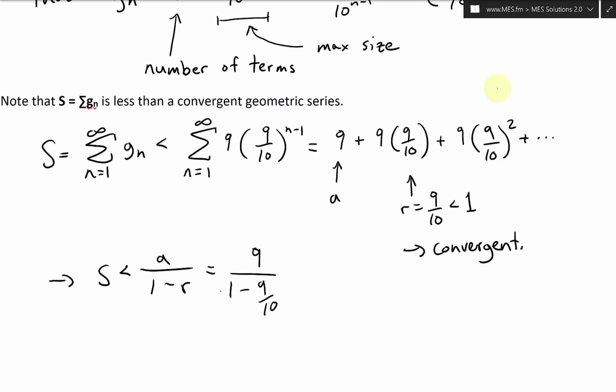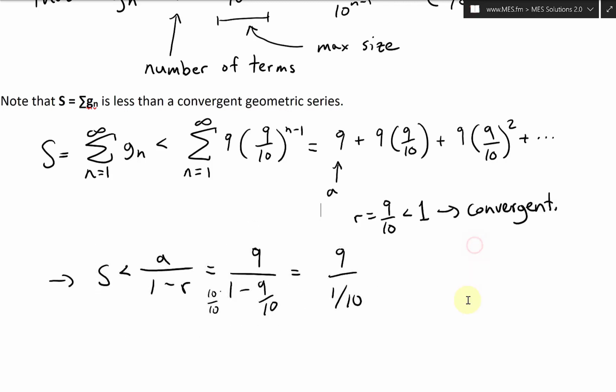Multiply this by 10 over 10 so we can subtract; 10 minus 9 is 1, so we get 9 over 1 over 10. Move the 10 on top, and this equals 90. So there's our answer.